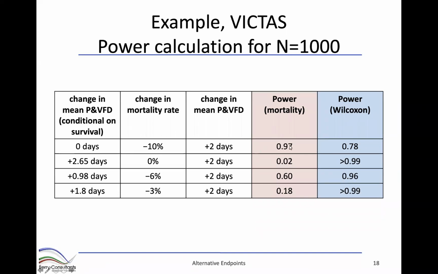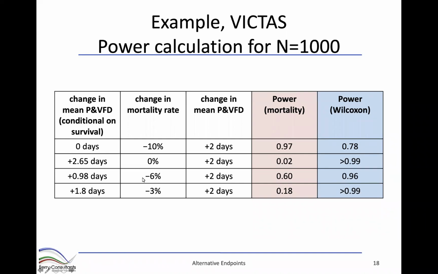So you'd really want to go ahead and do the parametric analysis. However, all of the other situations are heavily in favor of the rank test. So if you don't change mortality at all, and you increase pressor and ventilator free days by 2.65 for survivors, that's also 2 days when you combine them. And of course, the power for the rank test is very high. And this is essentially the type 1 error because there's no difference.